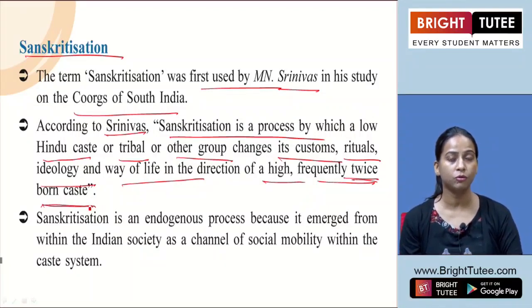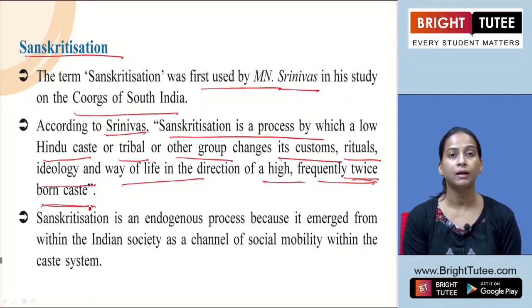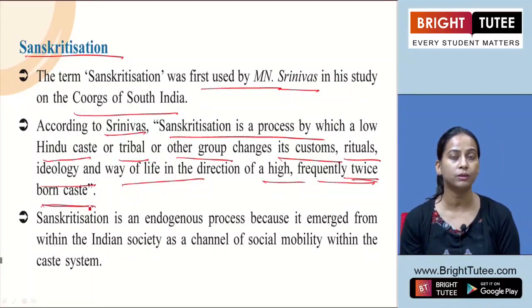When the low caste people try to grab the different ideas and beliefs of those high class people and bring them in as their own custom and tradition, that is Sanskritisation.